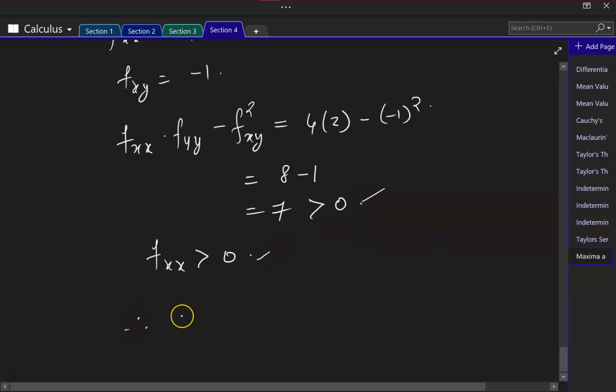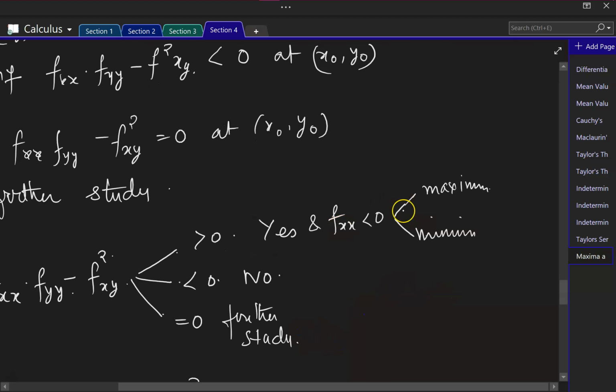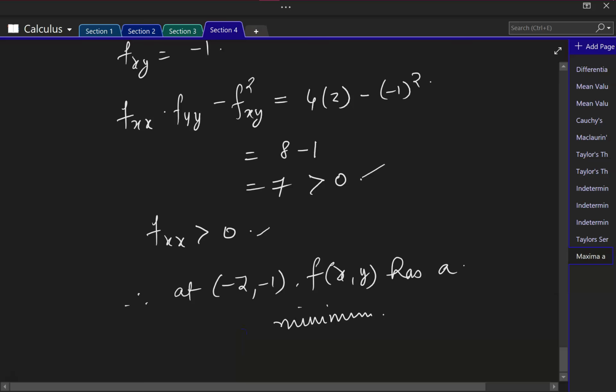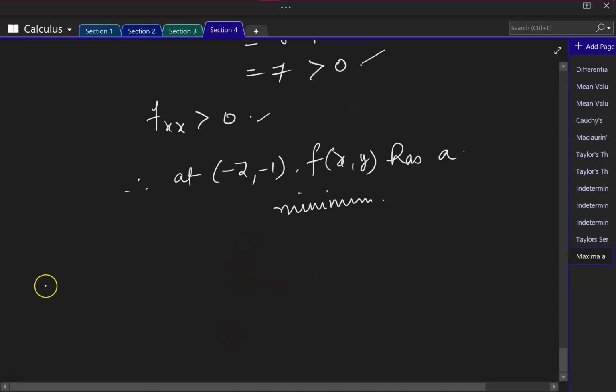Therefore, at minus 2 comma minus 1, f of x comma y has a minimum. Here it is yes. Here it is no. So another way to remember is, they should both be greater than 0 for it to be a minimum. Okay, let's do one more problem.